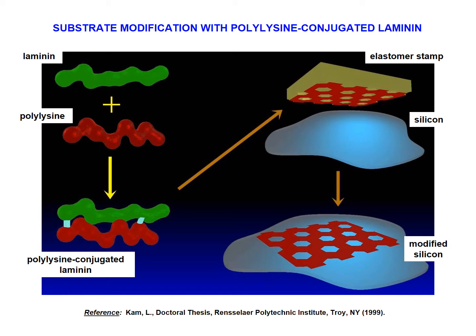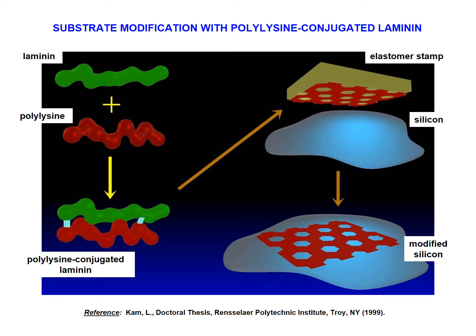The process used to prepare the micropattern substrate surfaces, which were later on used for experiments with neurons, is illustrated schematically on this slide. On the left-hand side, we have a reminder that laminin had to be first conjugated with polylysine, and that particular complex was then used to paint or stain the side of the elastomer stamp which had the pattern of interest.